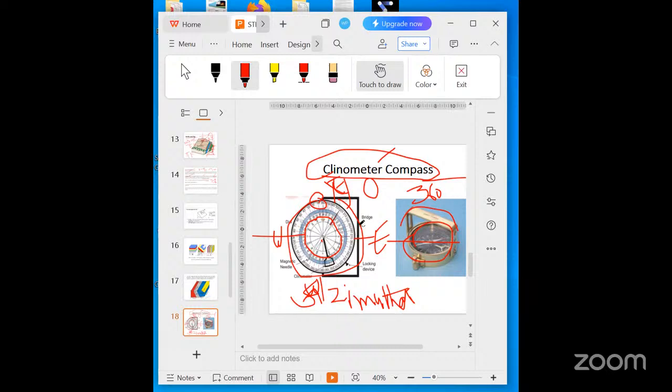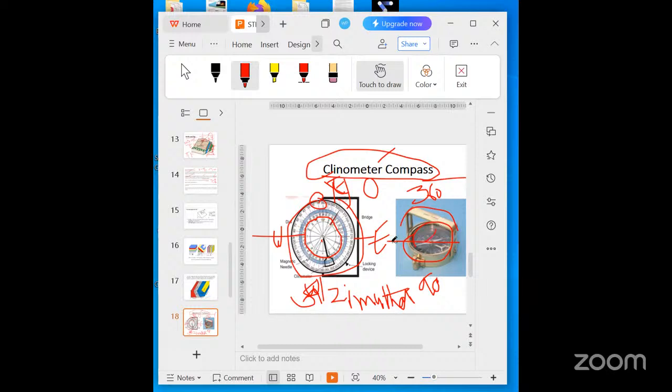The bridge fitted outside the dial helps in taking the reading of the inclination of the bed. The bridge is movable, and can rotate up to 90 degrees, from a plane parallel to the dial up to a plane perpendicular to the dial.